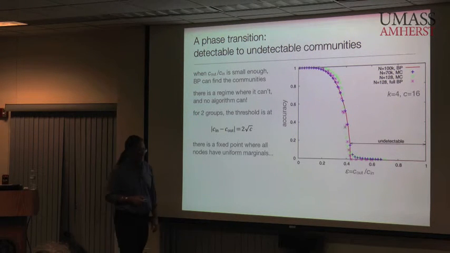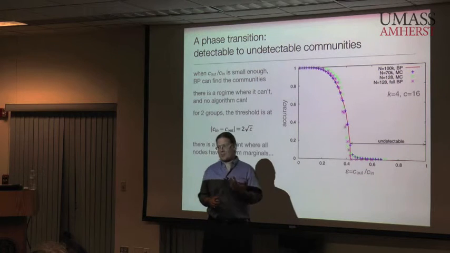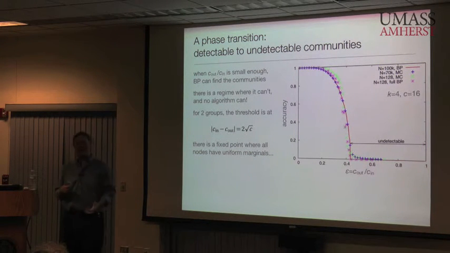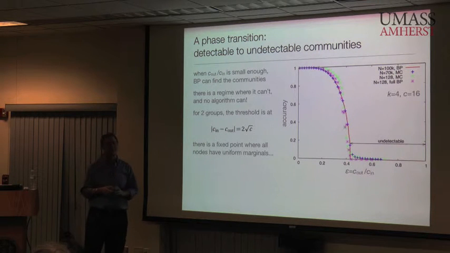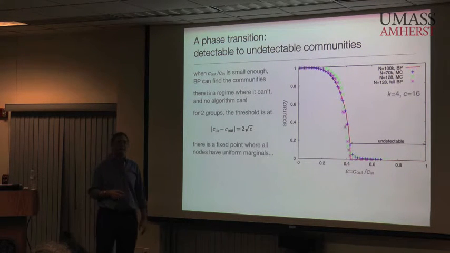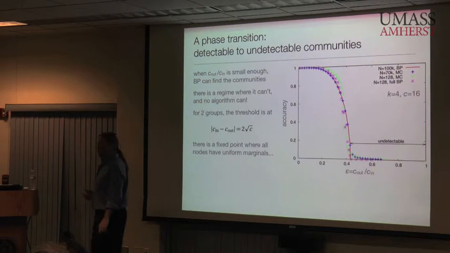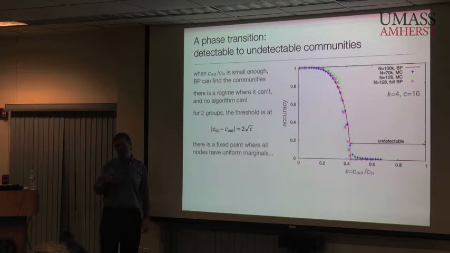Why? What's going on? Well, there is a stupid fixed point that belief propagation can fall into. At least in a symmetric case where the groups are of equal size, I could say, suppose that all of my friends tell me that they're equally likely to vote for any of the 43 candidates in the primary.